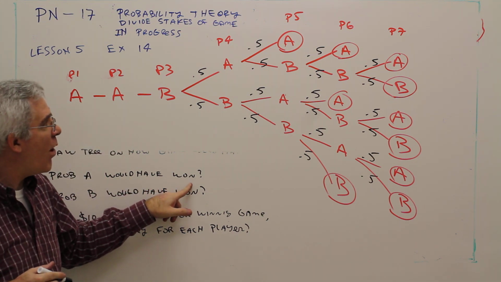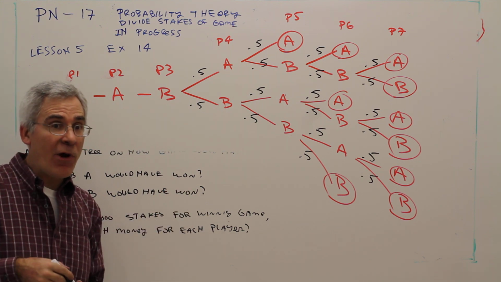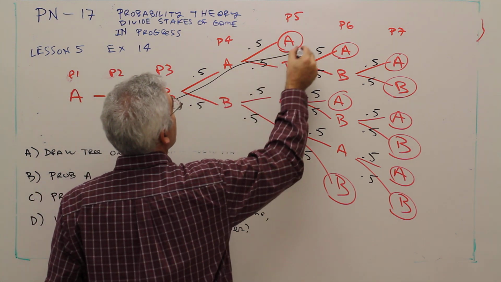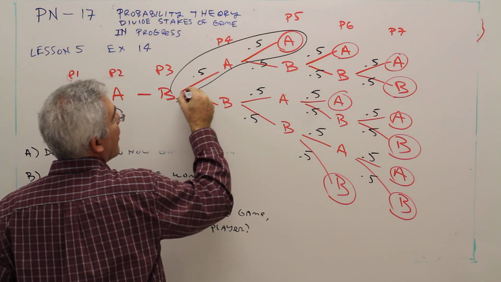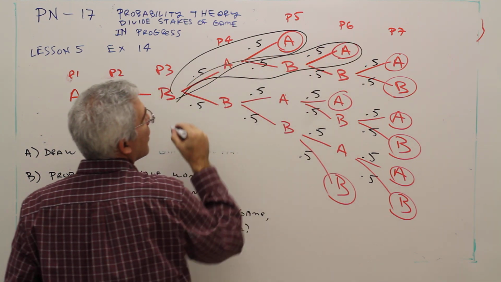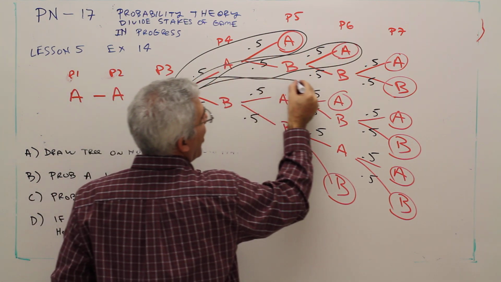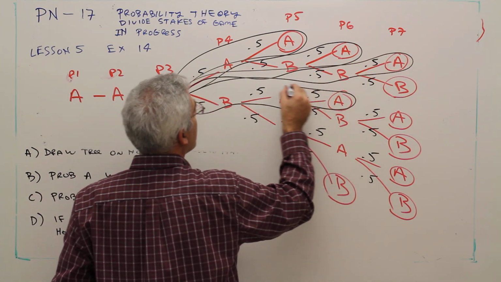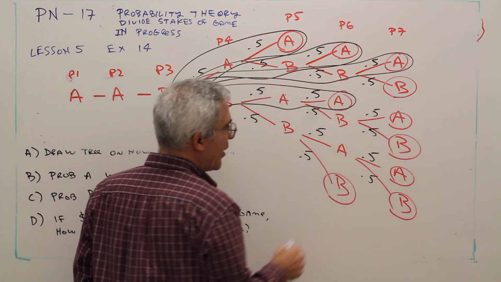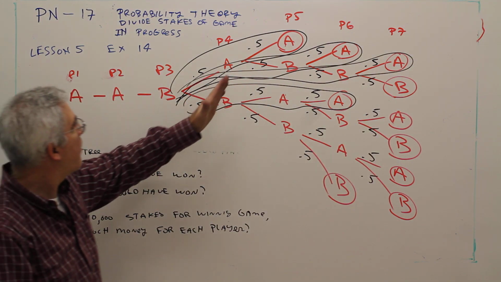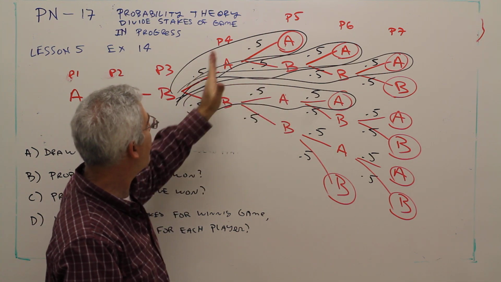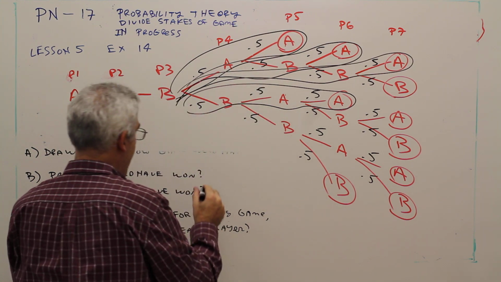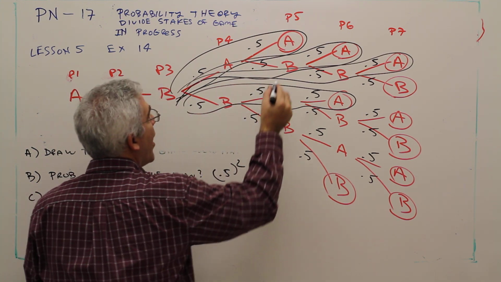Probability that A would have won. What I've got to do is compute all the probabilities for A winning. So I've got this branch, this branch, this branch, this branch. It's going to get a little bit confusing. For the ones circled over here, it's 0.5 times 0.5, so for A, I've got a 0.5 squared.